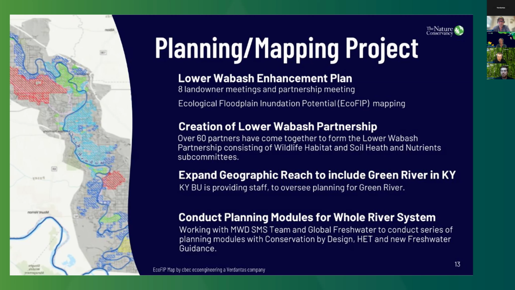But we were coming to the point that we were realizing that our investments were not being met because a lot of those landowners and those properties that were high priority had already been enrolled in the program. And so we were trying to identify where there may be other potential sites that had not enrolled in that program that we might be able to do restoration on, which is what led us to the EcoFIP tool.